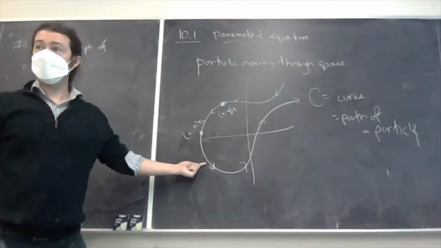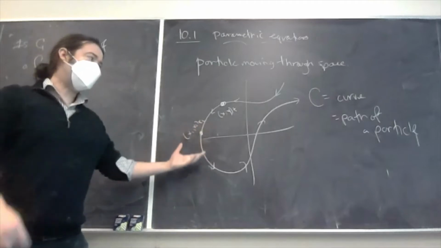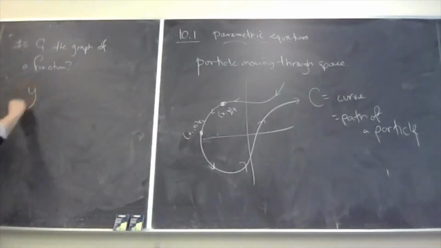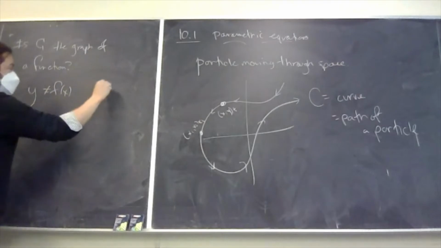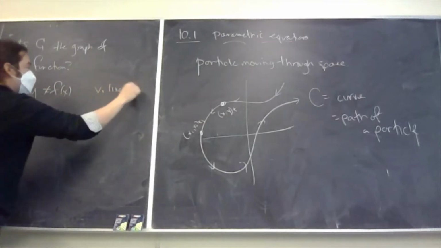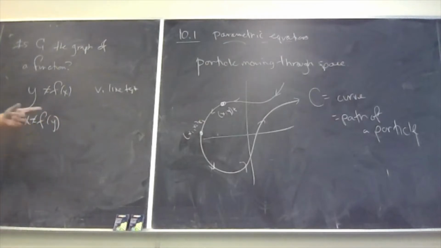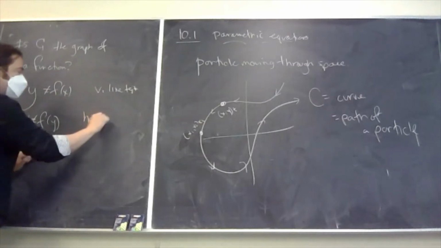Why not? Because of the vertical line test, y is not a function of x. And x is not a function of y. Sometimes we can cheat by saying x is a function of y, like a sideways parabola. That can't happen here because we also fail the horizontal line test.